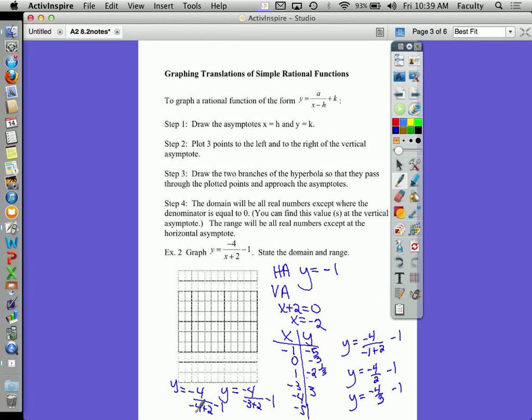That's negative 4 over negative 2. That's 2 minus 1 is 1. And one more. Negative 4 over negative 5 plus 2 minus 1. That's negative 4 over negative 3. That's 4 thirds minus 1. Isn't that 1 third? So do you see how I can do that without a calculator?